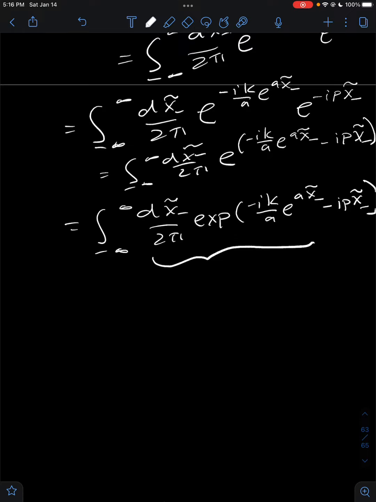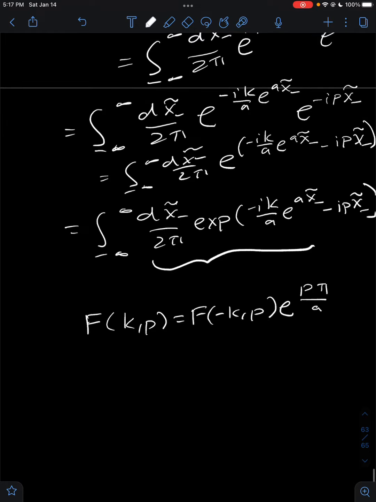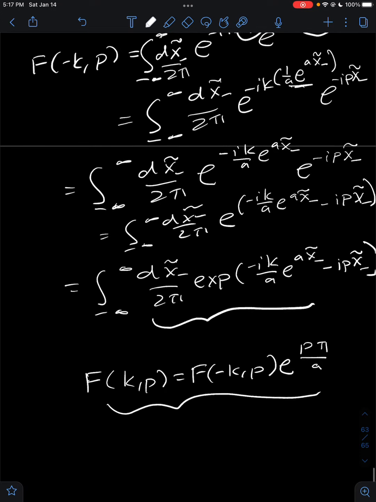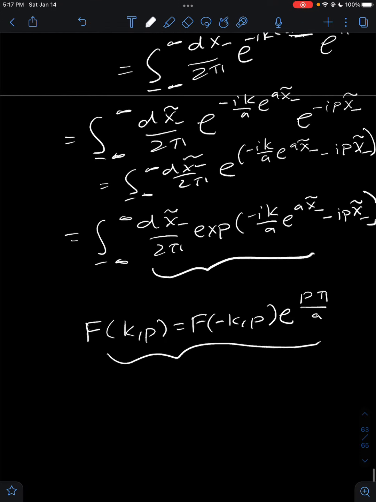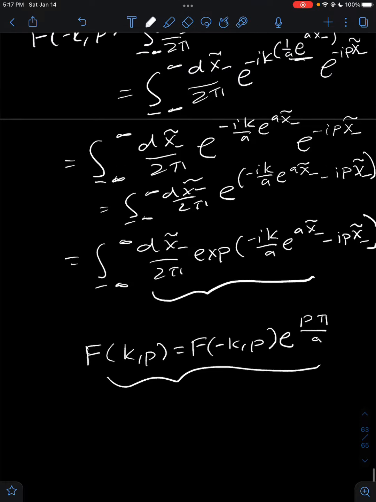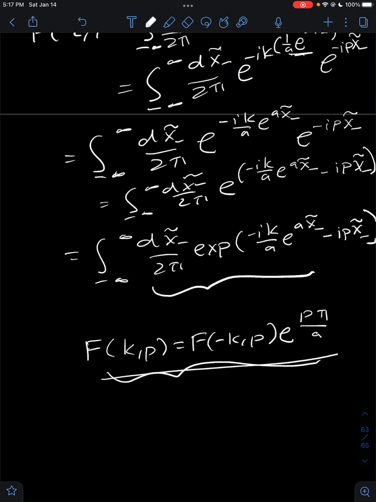So we can use the property where f of kp equals f of minus kp e to the p pi over a. That's some property, and you might be wondering, how do we actually show that this is true? Well, we have to use some complex analysis to show that this is true, which we'll be talking about in the next video.